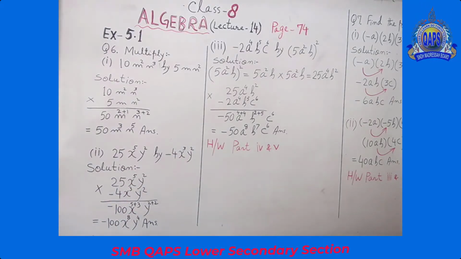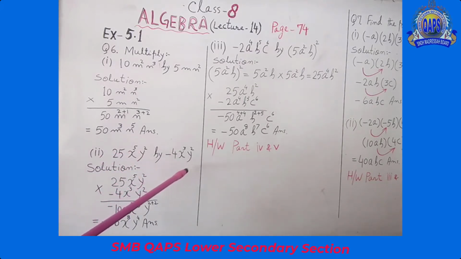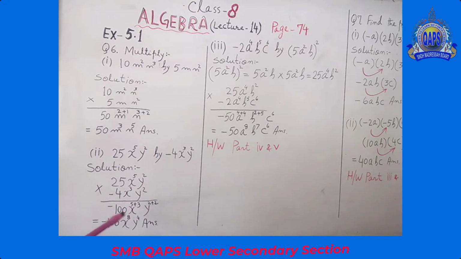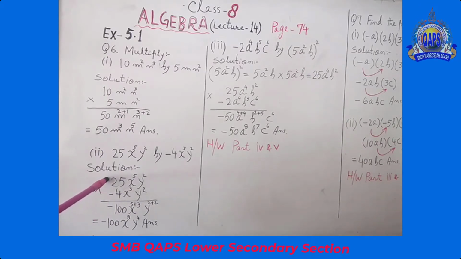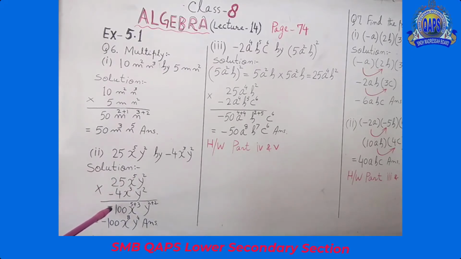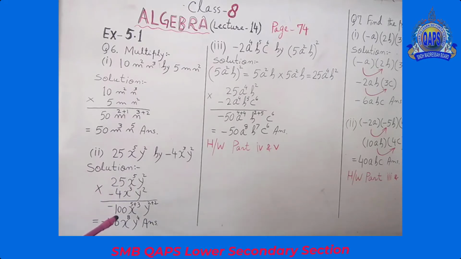Solution. Write this thing over here and this thing over here. Sign of multiplication. Multiply by minus, and this is plus over here, so the answer will be in minus. 25 fours are 100 minus.